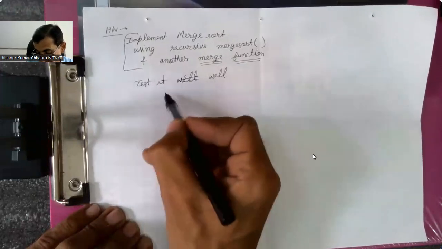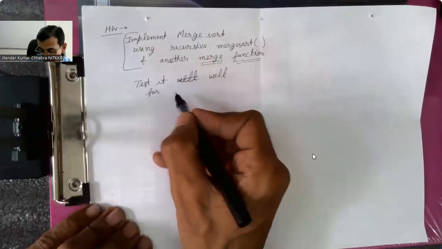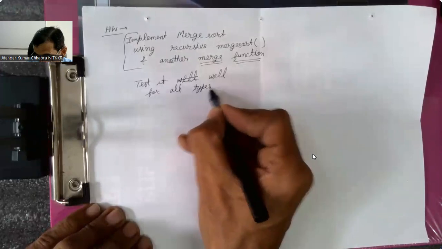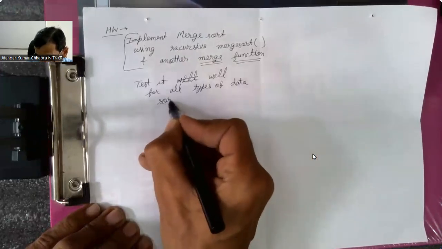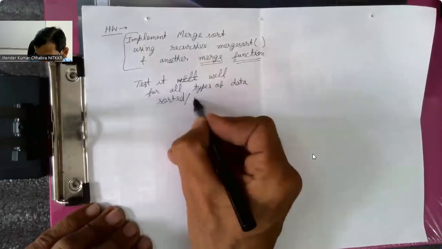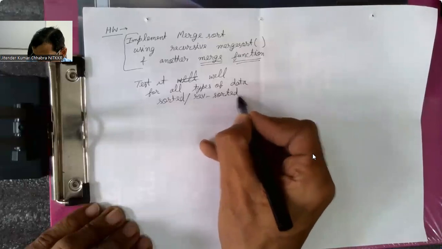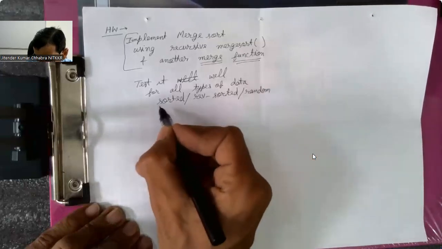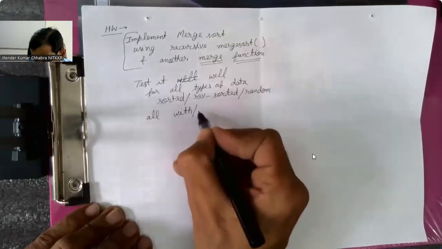for all data. I have shown in the last class, in the last video, various types of data. So you must check it for all types of data, which means sorted, reverse sorted, random, and all cases with and without duplicates.